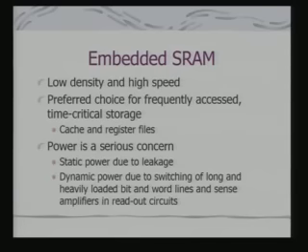Then there is what we call dynamic power consumption, due to switching of long and heavily loaded bit and word lines, because these bit and word lines are connected from cell to cell. Obviously, I shall need current to drive these bit and word lines to provide the correct data. So, there will be dynamic power consumption when I am actually selecting or reading a word from the memory or writing a word into the memory.